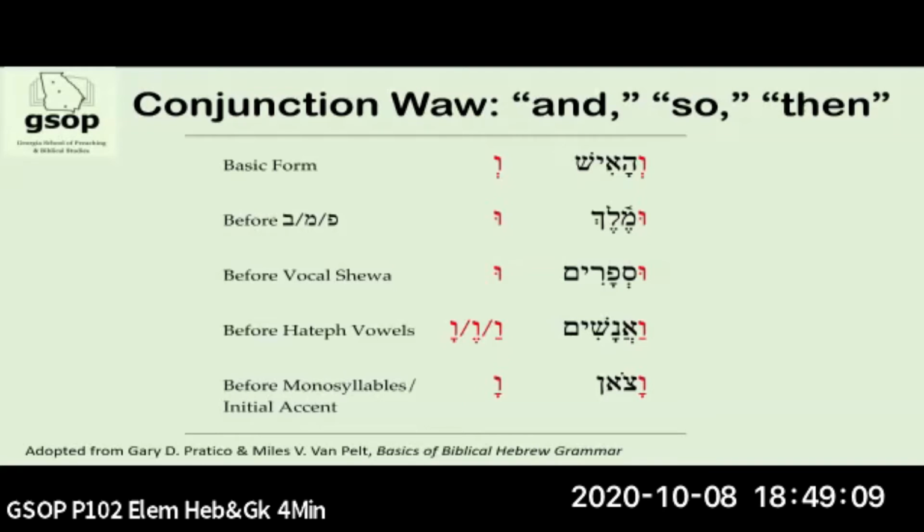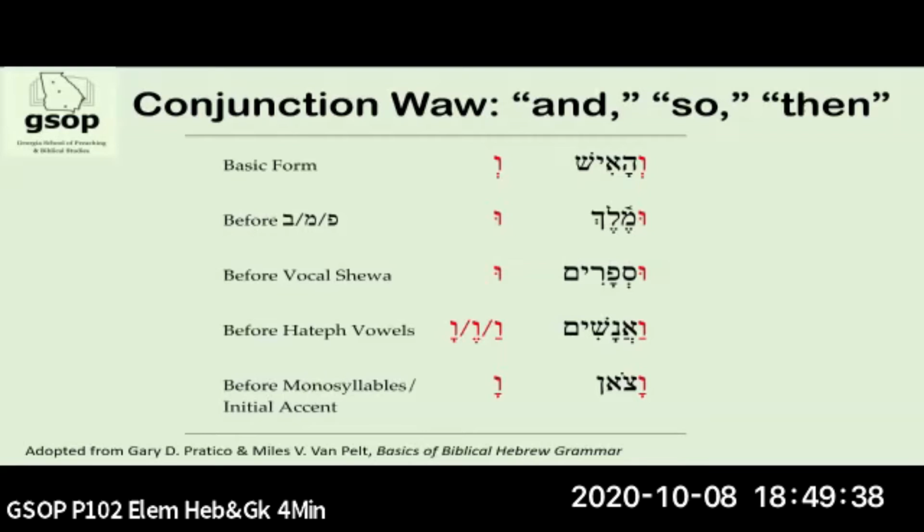However, it may, depending on the word that precedes it or that comes after it, if it precedes a pey, mem, or a bet, in other words, the P, the M, or the B, it's going to look like the shurik vav. Now it's pronounced as a vowel. It's a shurik. So melek becomes umelek. Remember, a shavah is not a vowel with the two dots underneath it.